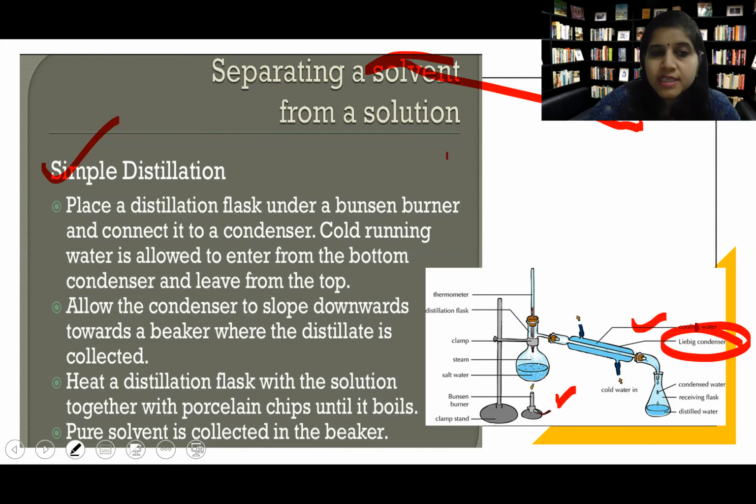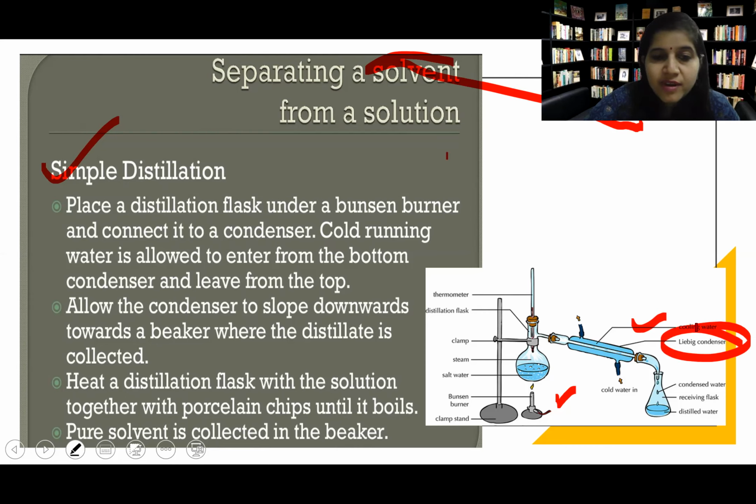Cold running water is allowed to enter from the bottom of the condenser and leave from the top. Now you can enter the cold water inside the condenser. Allow the condenser to slope downwards towards a beaker where the distillate is collected. Here is a beaker where we collect the distillate through the opening.